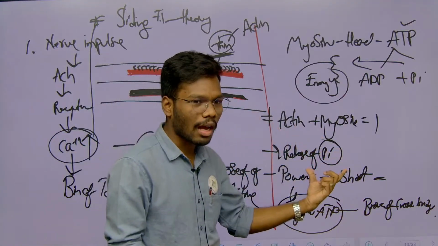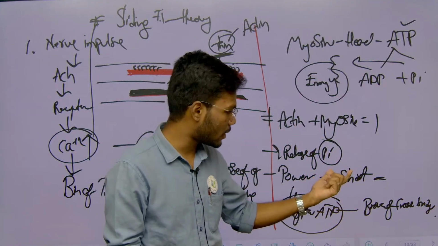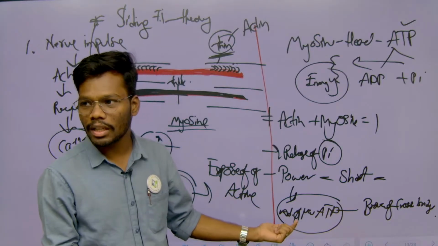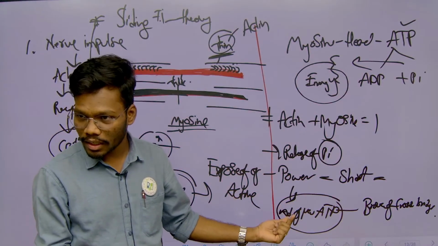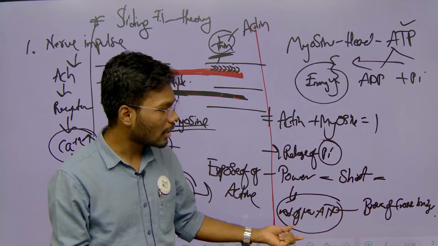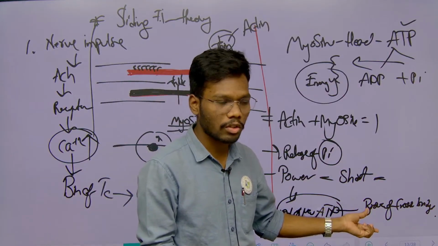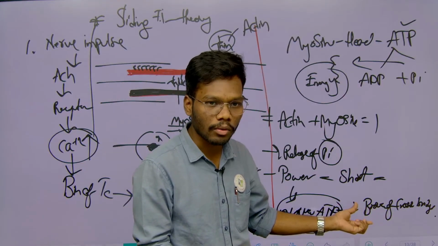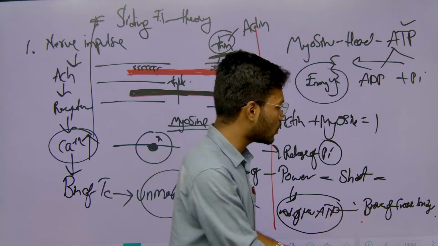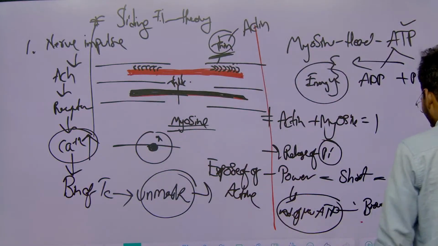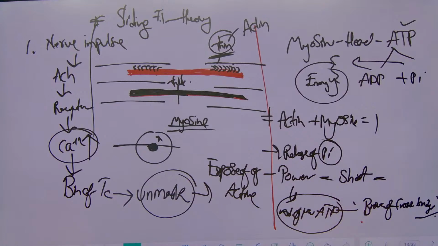Next there is addition of a new ATP molecule, and the initial cross bridge is broken down. Up to here one contraction happens. Now this ATP is hydrolyzed into ADP plus phosphate for the next round of muscle contraction. This is one round of muscle contraction.